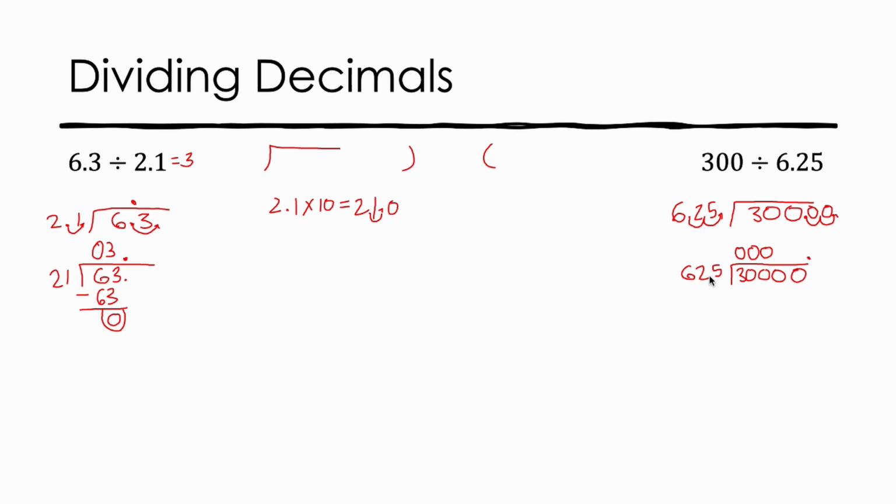But 625 does go into 3000 more than 0 times. So that's finally a relief. So 625 goes into 3000 4 times. And 625 times 4 is equal to 2500.